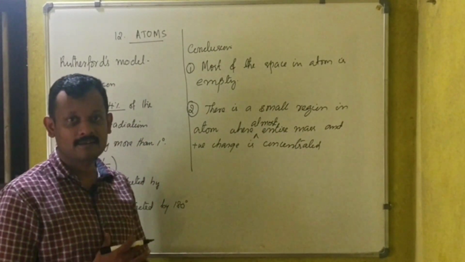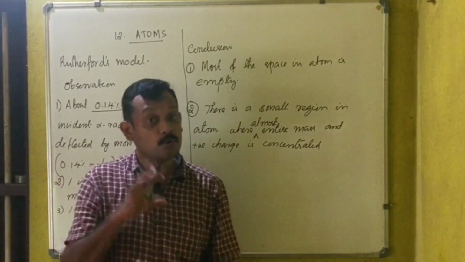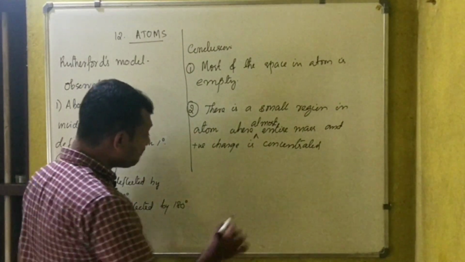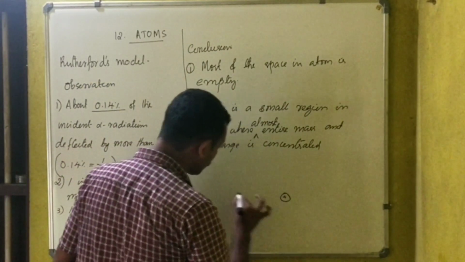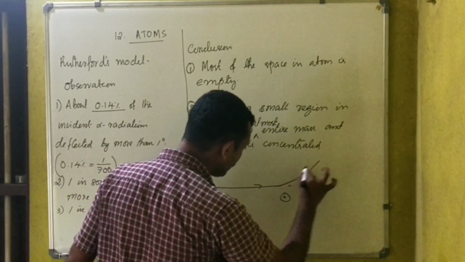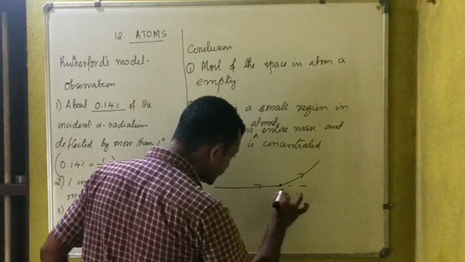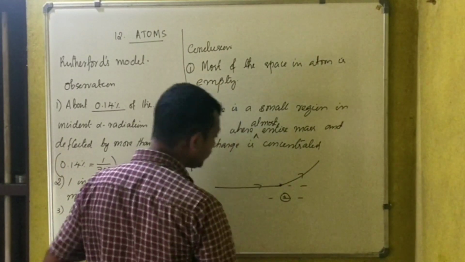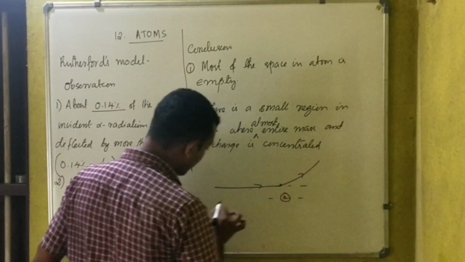Let me explain. Alpha particles have positive charge. So if alpha particles undergo deflection, suppose this is the incident ray and it undergoes a deflection, the charge located here is also positive charge. That's the reason for the deflection.